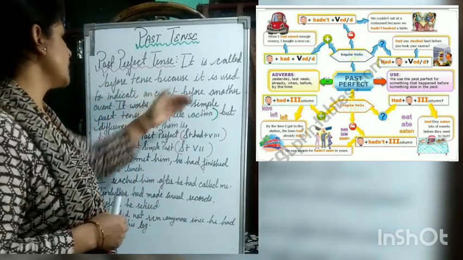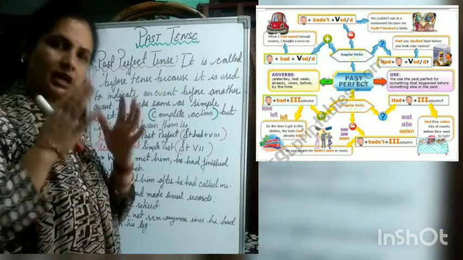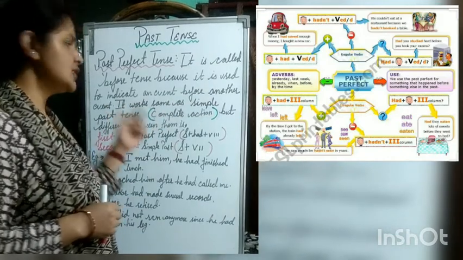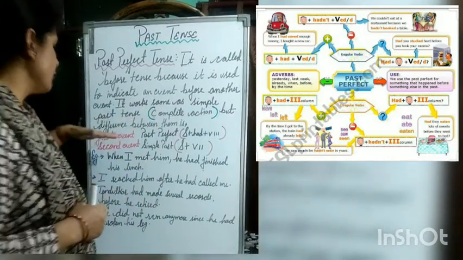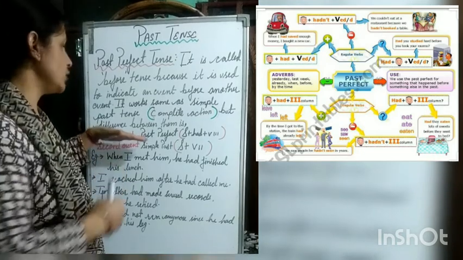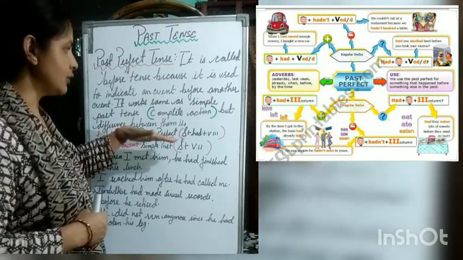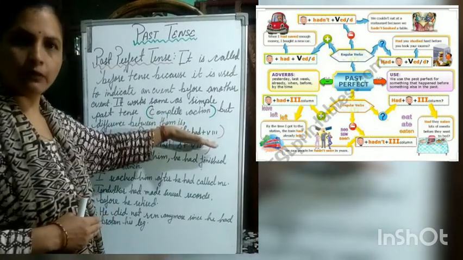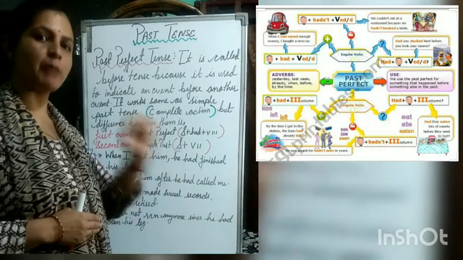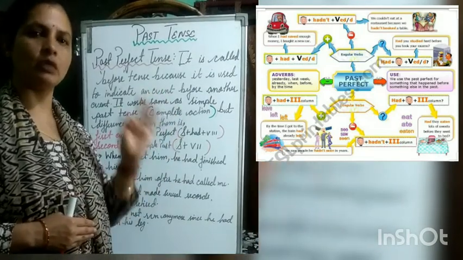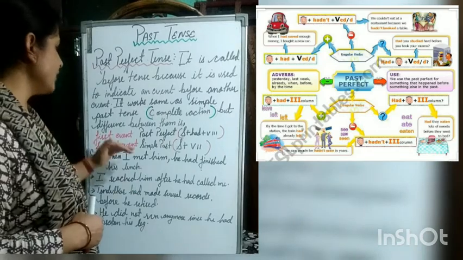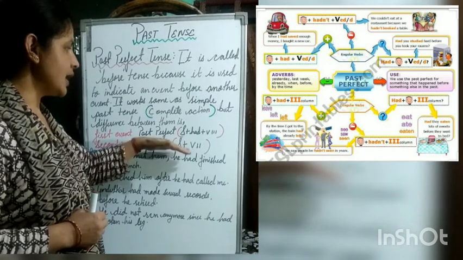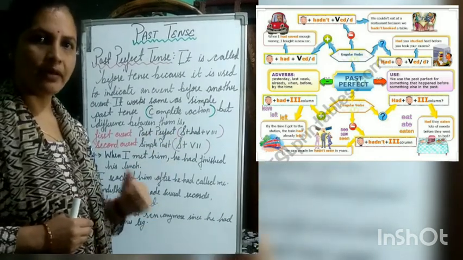It works the same as simple past tense because it shows a complete action. But the difference between them is like this. For the first event, we use past perfect, and we write it as subject plus had plus third form of verb. This "had" is the past form of the primary helping verb "have". The second event takes simple past, and we write it as subject plus second form of verb.